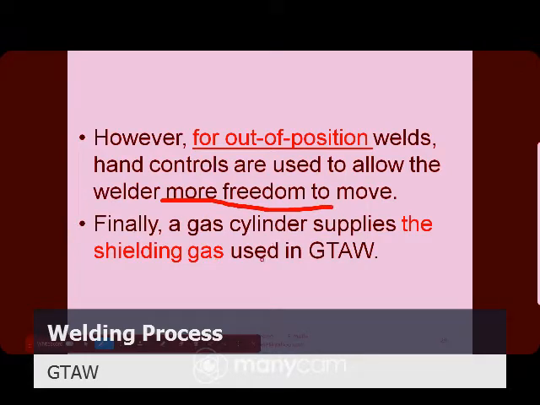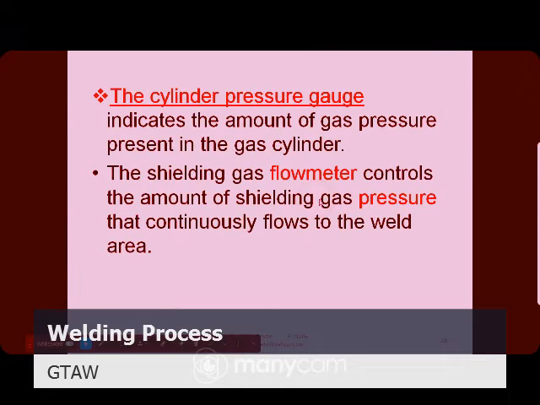Finally, a gas cylinder supplies the shielding gas used in gas tungsten arc welding. As we already discussed, the shielding gas is used to shield the welding area from air contamination, so it should be supplied from the cylinder.